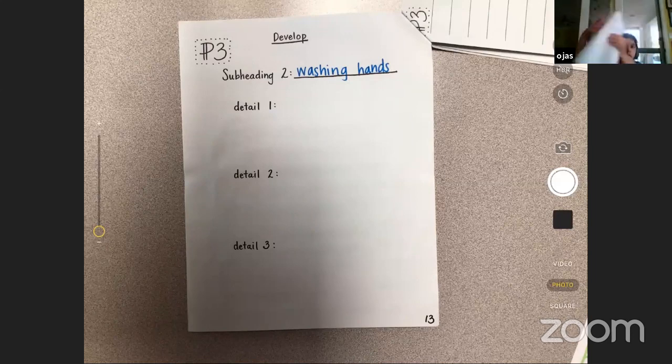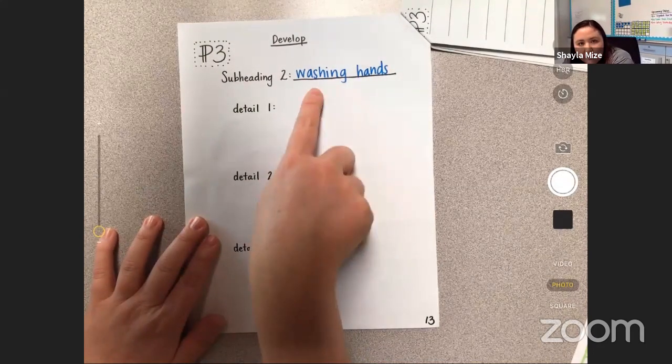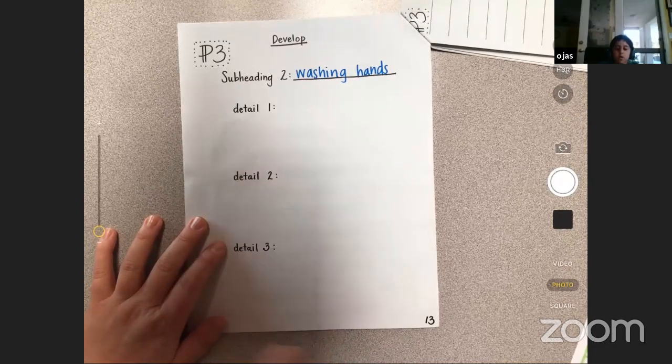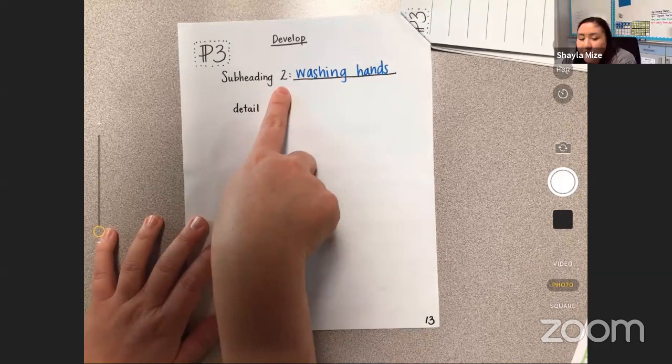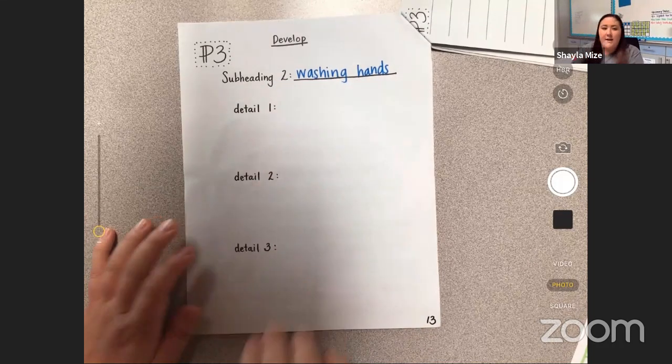So what are we supposed to put on page 13 again? We're just writing our subheadings right now, Ojus. Go to 13, go to number 2, and write whatever your number 2 is from page 10.